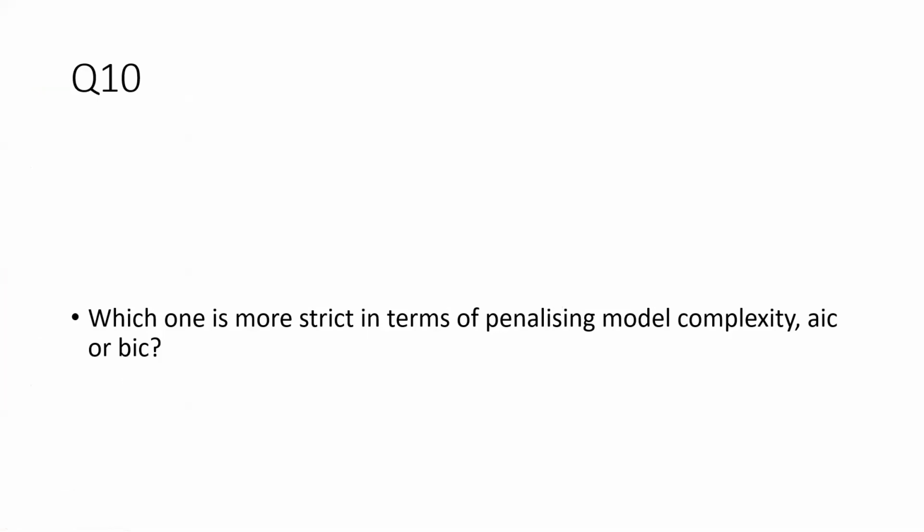Okay, group 3, please. BIC, yeah. In most cases, BIC is more strict in terms of penalizing model complexity. Actually, you have to look at the formulas. If your data size n is big enough, then yeah, you're right. BIC is more strict. Cool.